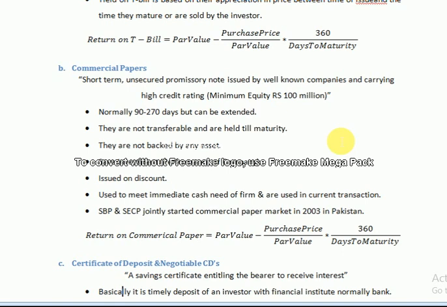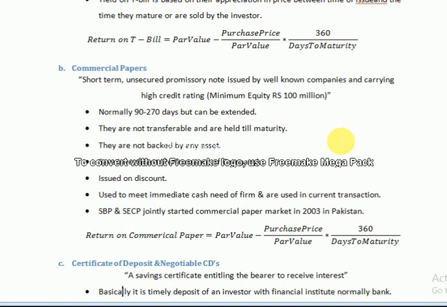Now our new topic is commercial papers. Look, dear students, commercial paper is also a debt instrument. This is a money market instrument or money market security.